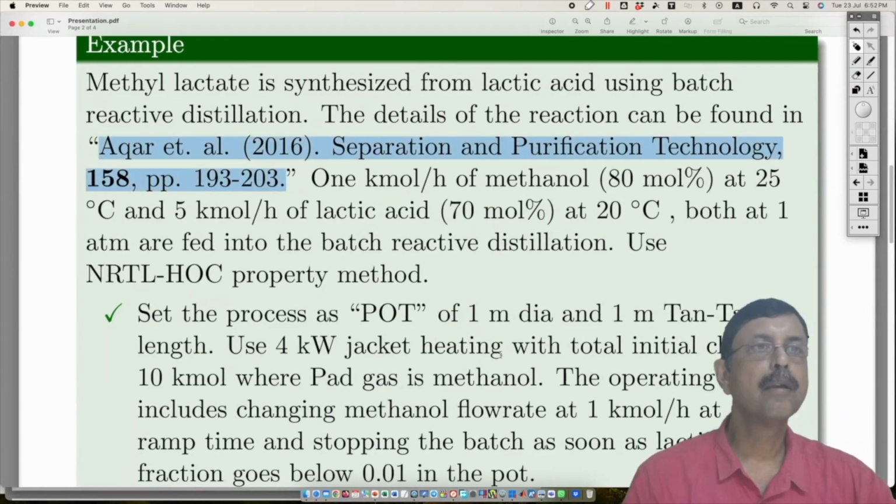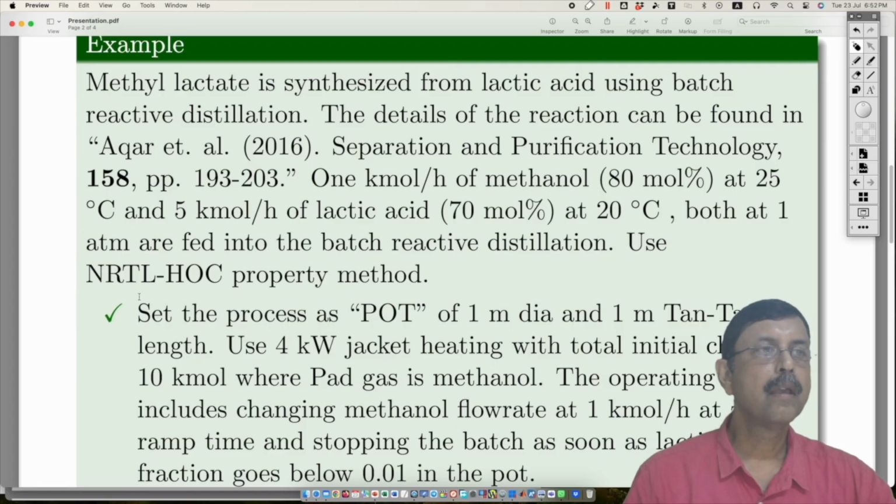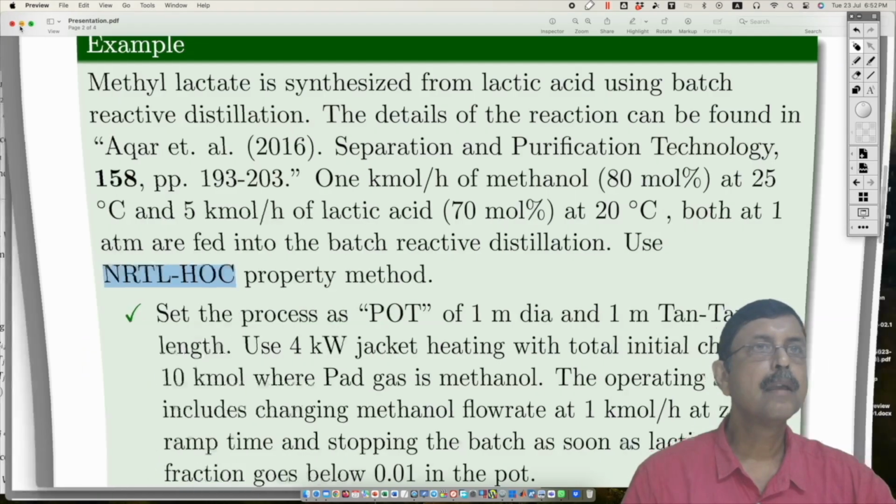We have to use the NRTL-HOC property method.